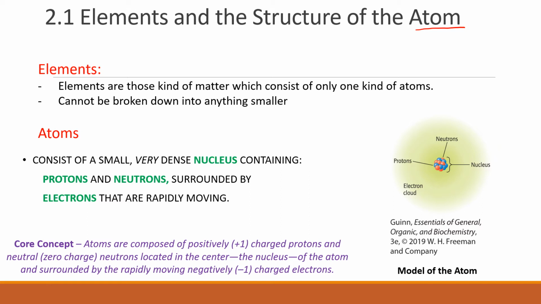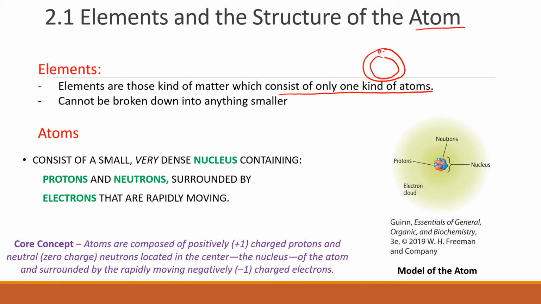Now what are elements? Elements are those kind of matter which consist of only one kind of atom. Elements cannot be broken down into anything smaller. So for example, if you have a pure gold ring, imagine this is a gold ring.